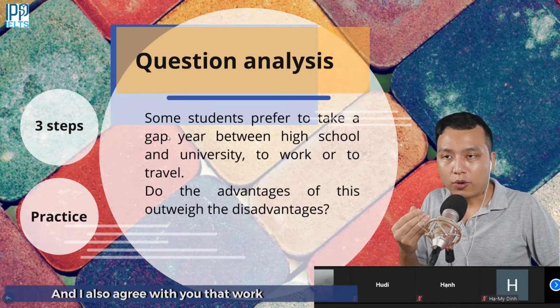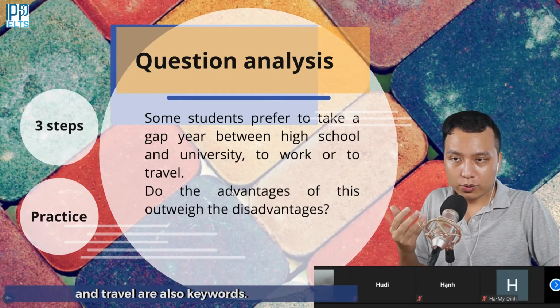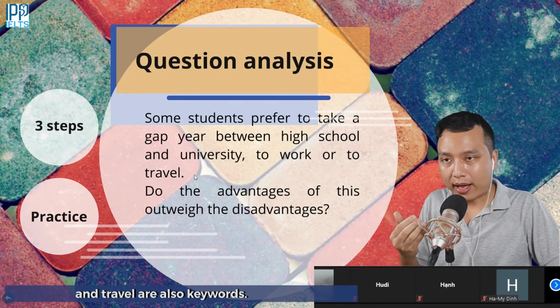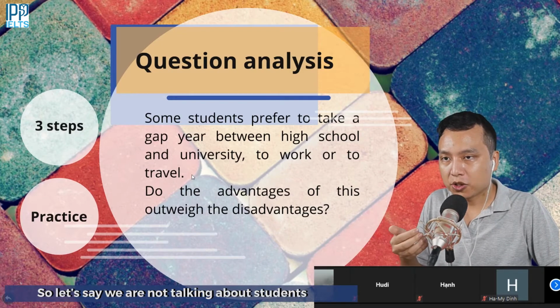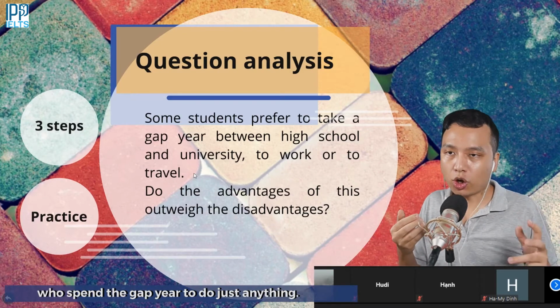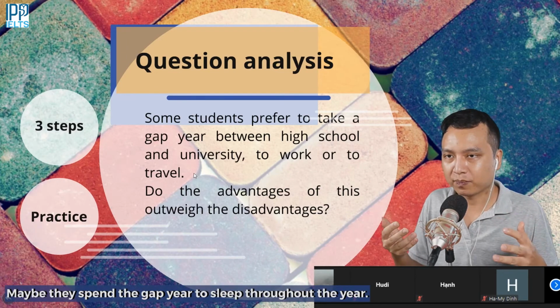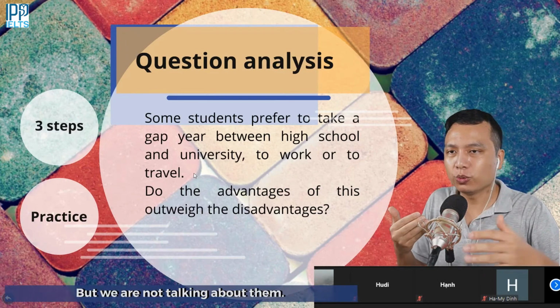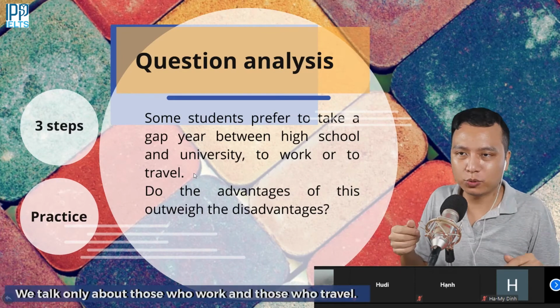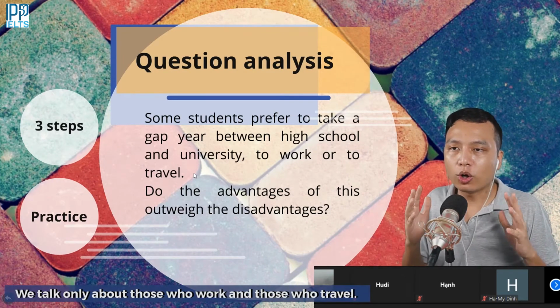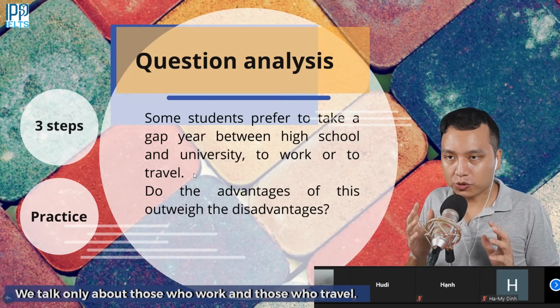And I also agree with you that work and travel are also keywords. So let's say we are not talking about students who spend a gap year to do just anything. Maybe they spend a gap year to sleep throughout the year. Well, but we are not talking about them. We talk only about those who work or those who travel.